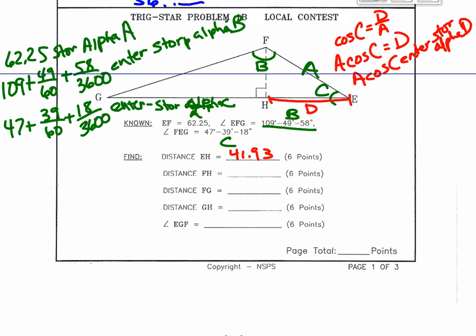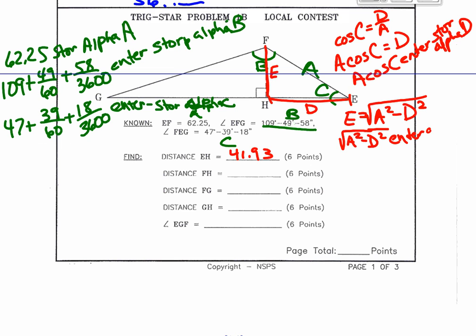The next thing I have to get is FH. And so for FH, that's this length right here. I'm going to call that capital E. And for capital E, I'm just going to use the Pythagorean theorem. E equals the square root of A squared minus D squared. And so I'm going to type in square root of A squared minus D squared and enter.